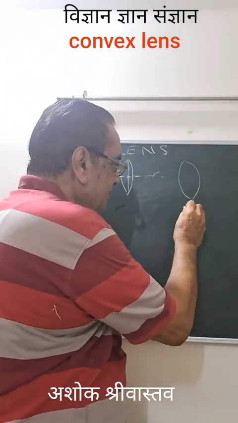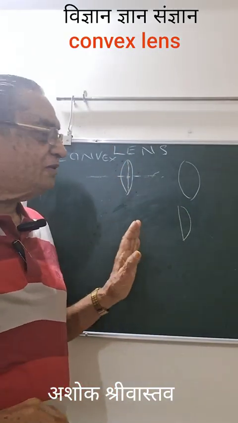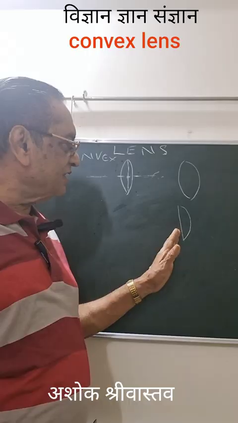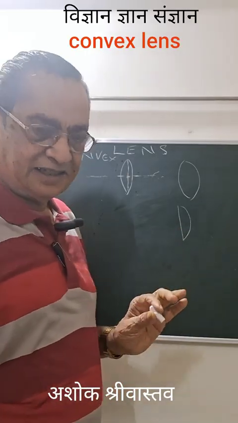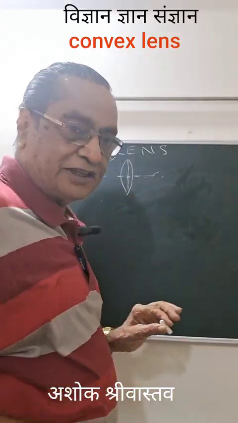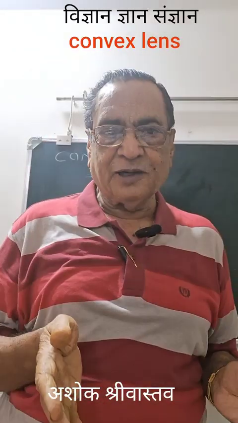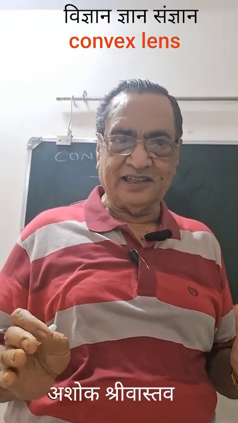Then there is the plano convex lens, where one side is plane, straight, and the other side has a radius. So we have two types, pure double convex lens or a plano convex lens.